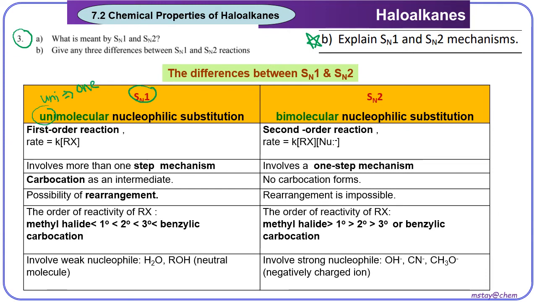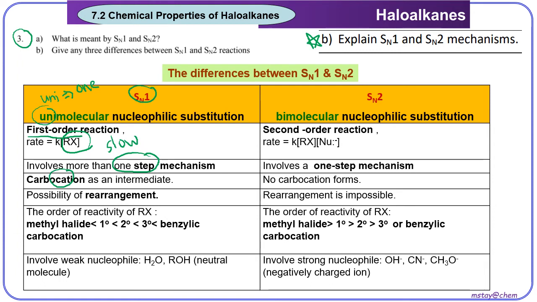In other words, it is a first order reaction, where in the mechanism, the slow step only involves the haloalkane. SN1 has a two-step mechanism, with a carbocation ion as the intermediate.